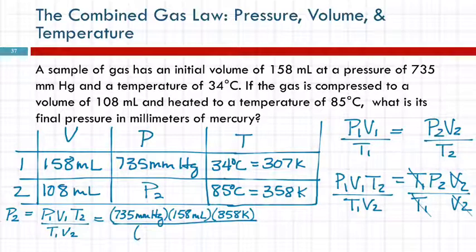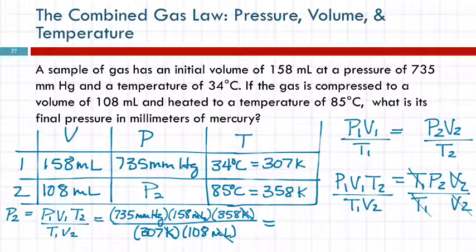Temperature 1, 307 Kelvin. And volume 2, 108 milliliters. So look at the units. The kelvins cancel, the milliliters cancel. I'm left with a pressure unit, so that's a good sign.